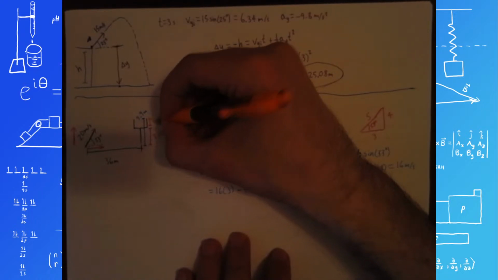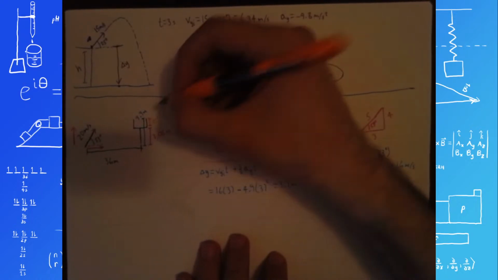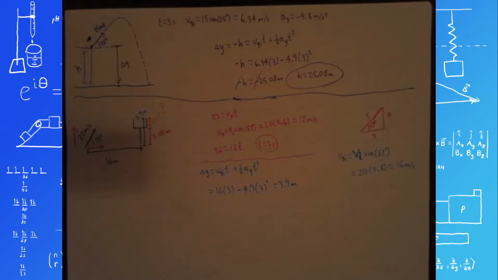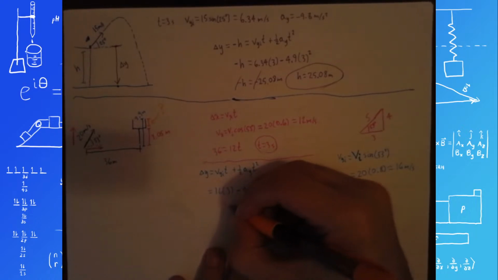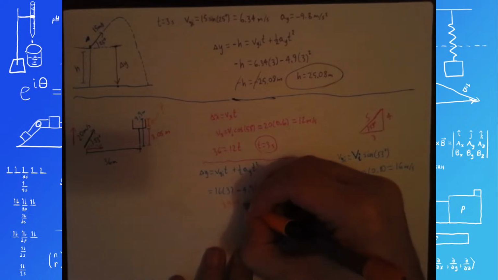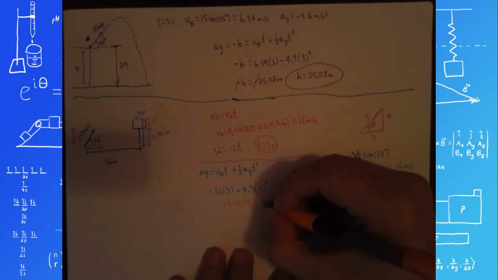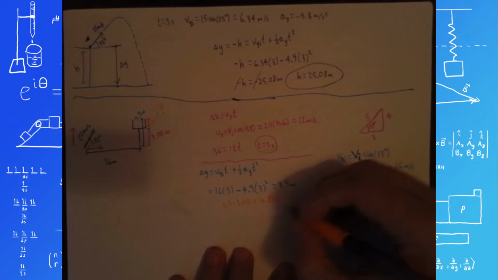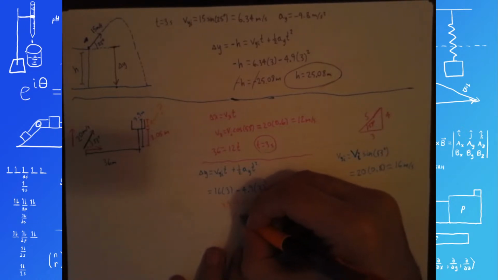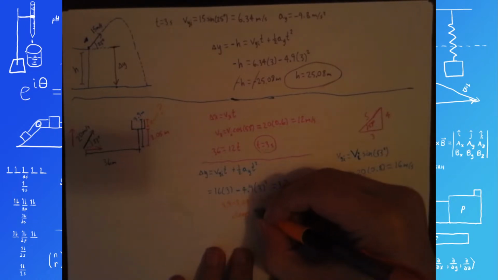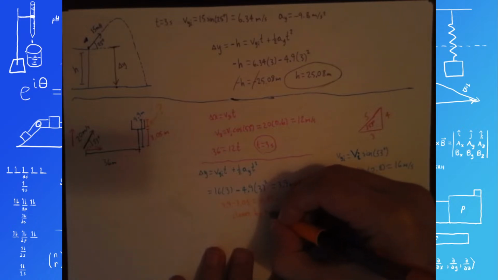That's what they're asking for. 3.9 minus 3.05. 3.9 minus 3.05 equals 0.85 meters. So we say clears by 0.85 meters.